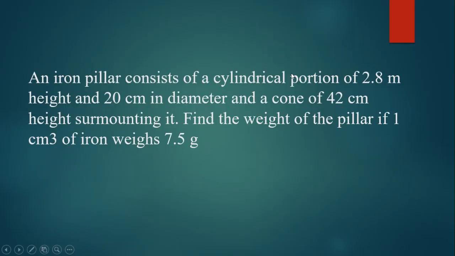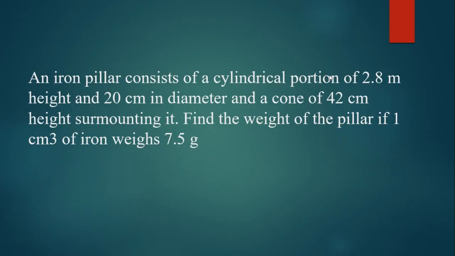The height of the cylindrical portion is 2.8 meters, and the diameter of the cylindrical base is 20 centimeters, and the height of the cone is given as 42 centimeters. If you observe clearly, the data is given.